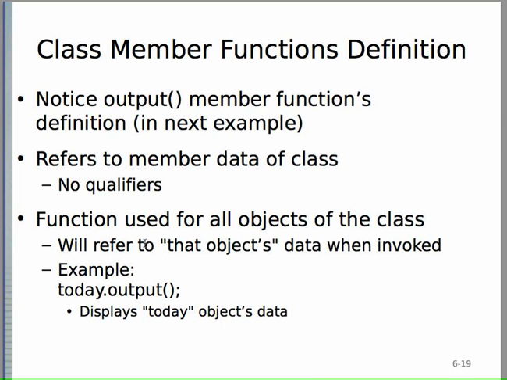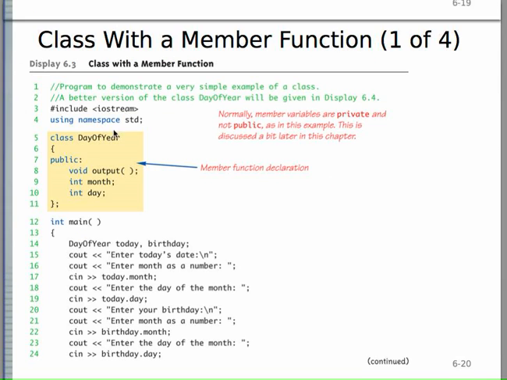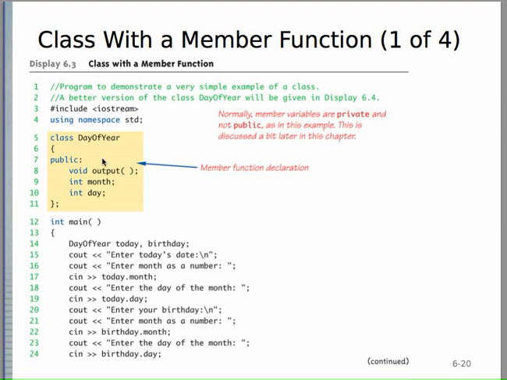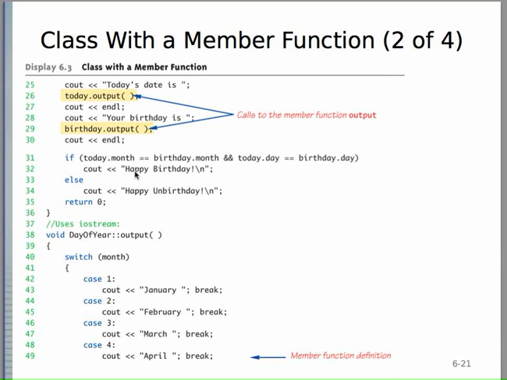Okay, so now there's a whole bunch of examples coming up. One of them is the output member function. When we get to it, take a look at the definition. So let's just skip to there. So here is the member function declaration, and then the definition can be elsewhere.